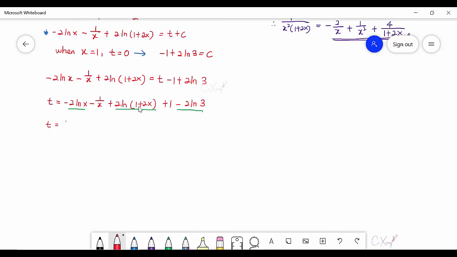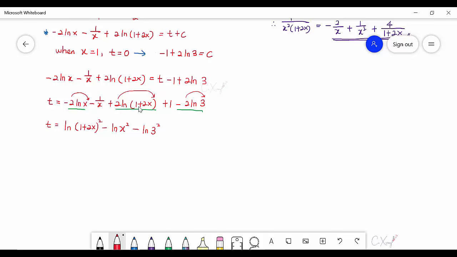So I will put it as ln 1 plus 2x power 2. That means the coefficient in front of the ln, I can bring it back, become the power. Then minus 1, I just remain it as minus. The same thing happen, the square, I will bring it back as the power. And then ln 3, the 2, I will bring it back as well.